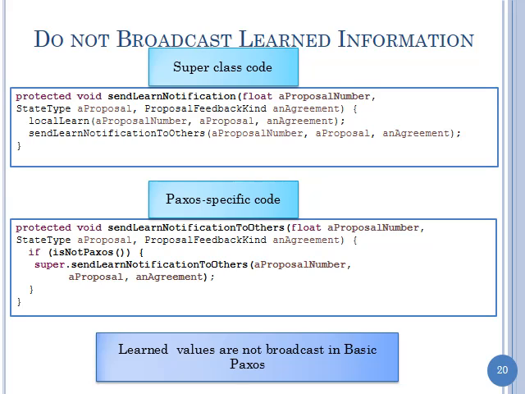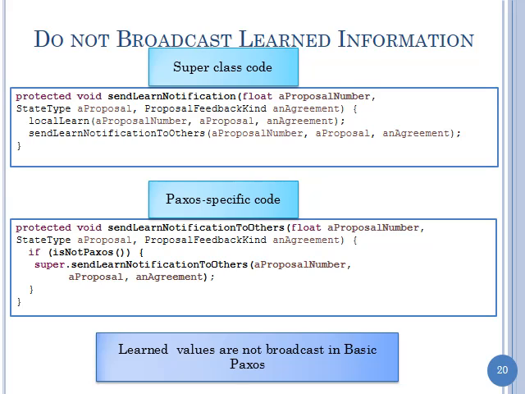Okay, so what we see in the top method here is the superclass code that runs when it learns about a new value, and this is executed in the proposer in the synchronous case. It goes and sends a learn notification to everybody else. Okay, so it does a local learn, and then it sends the learn notification to others. Now, each node will get the accepted response directly, so there is no need for the proposer to send a learn notification to others.